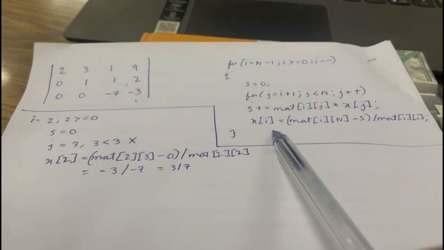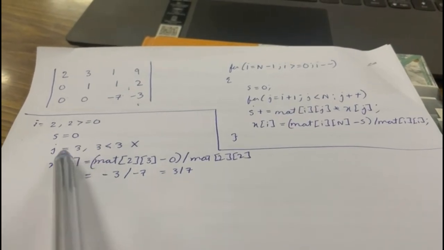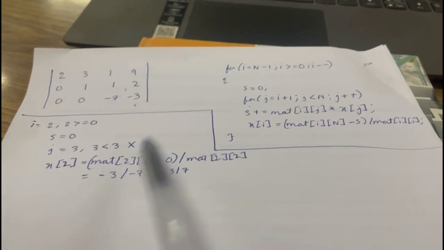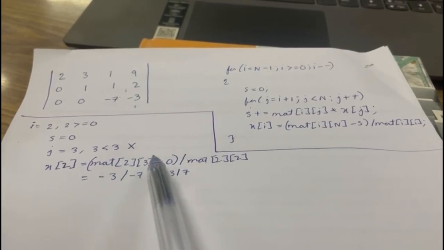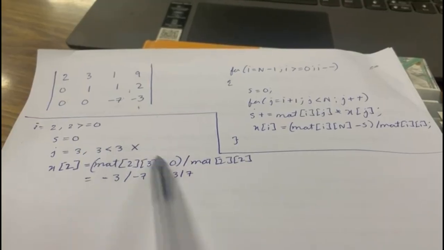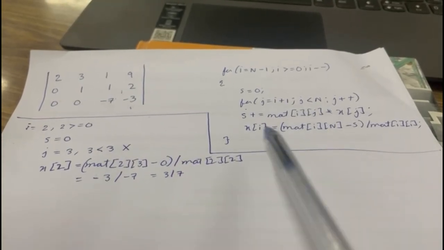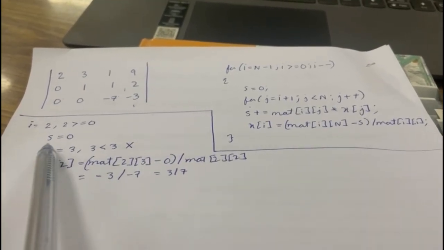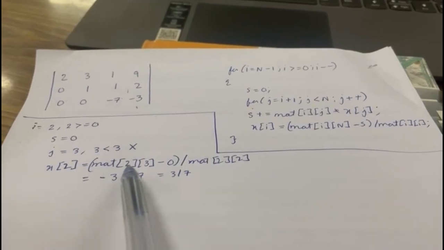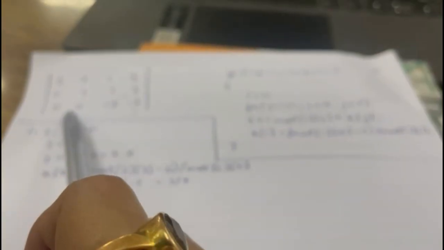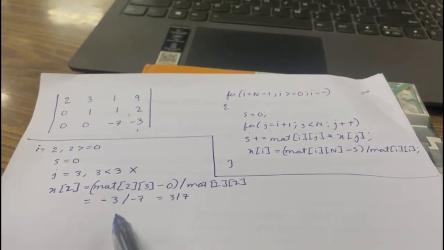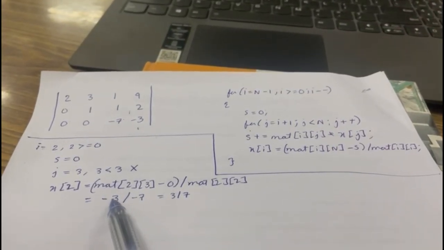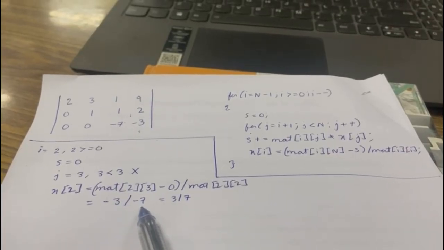So x of 2, x of i means x of 2 is equal to mat of i n, that is 2, 3, minus s value we got 0, divided by mat i i. Mat i i means i value is 2, so mat 2 2. What is the value of mat 2 3? Row 2 column 3 means this value, minus 3, and minus 0, obviously we got minus 3 divided by mat of 2 2.